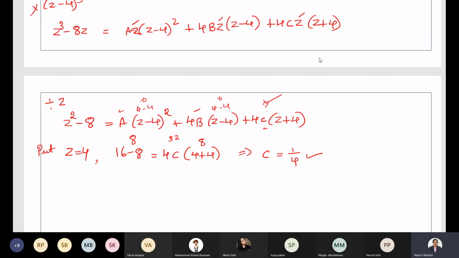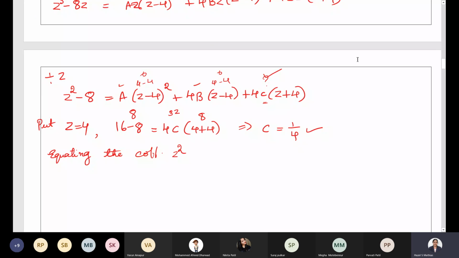So what we shall do is equate the coefficient of z square. What happens if we equate the coefficient of z square? Tell me the coefficient of z square. What is the coefficient of z square on the left hand side?